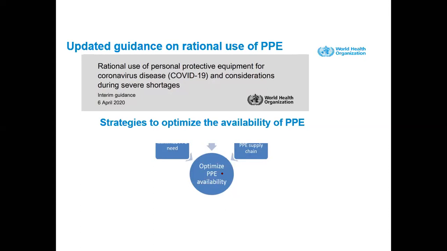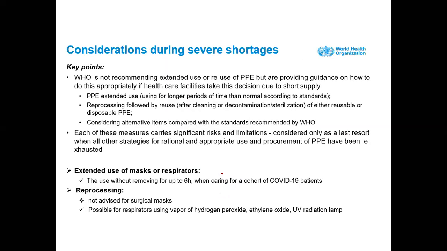This is a very important strategy to optimize the availability of personal protective equipment. Why? Because we are in a crisis. لما تيجي الوقت تدور على personal protective equipment like gowns and masks, it's very difficult to find a reliable supply chain.